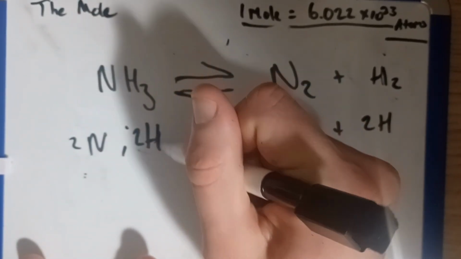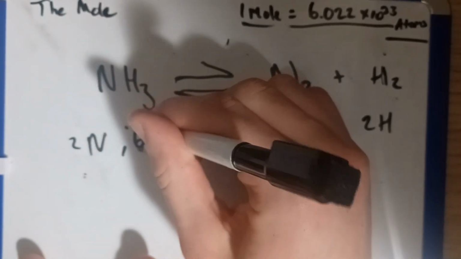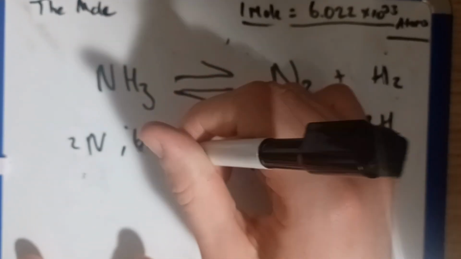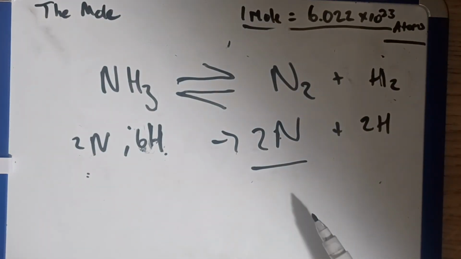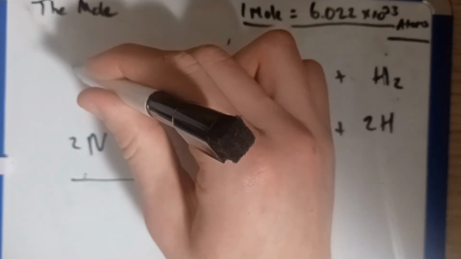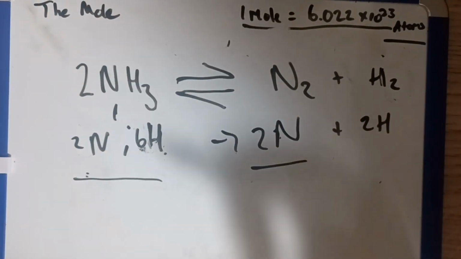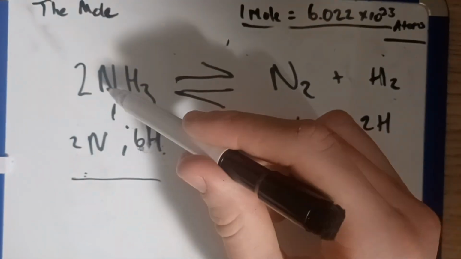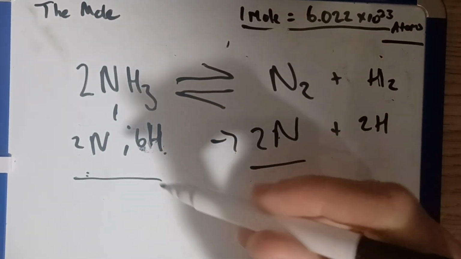2 NH3s, which gives us 6 hydrogens. All we've done, simply because we've doubled this, is double this to make these two equal: 2 nitrogens and 6 hydrogens.